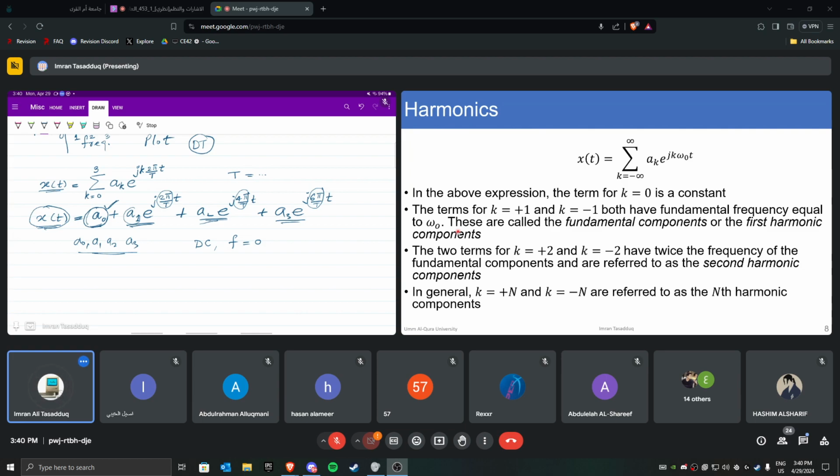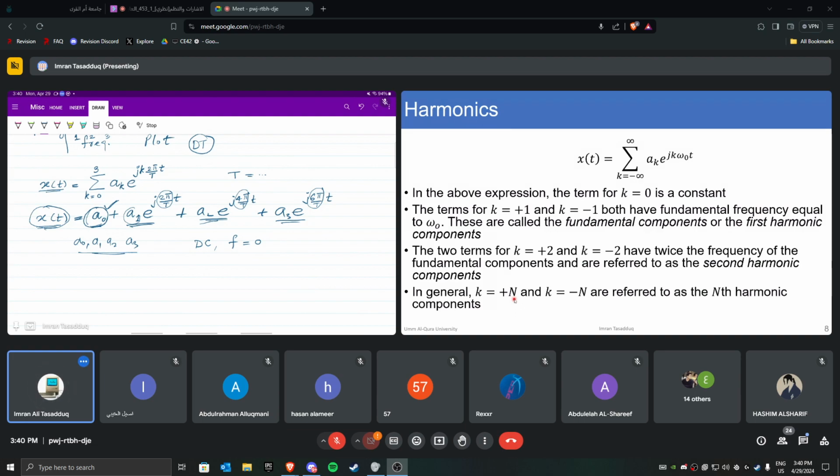Similarly, 1 over capital T is going to be the fundamental frequency. This is also called the fundamental component or first harmonic component. If k is 2 or minus 2, then this is called the second harmonic component. If k is plus 3 or minus 3, it is called the third harmonic component, and so on. So in general, if k is plus n or minus n, it is called the nth harmonic component.